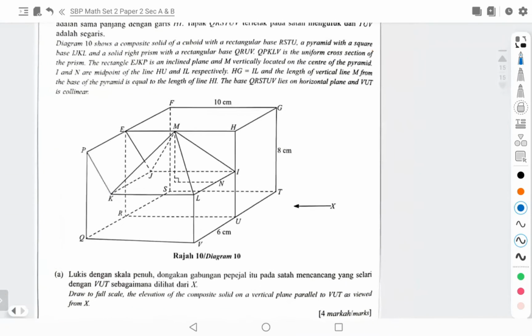Okay, let's find the keywords here. You have a rectangular base, RSTU. So here is 10 cm, here also 10, here also 10. Okay, next. We have a square base IJKL.